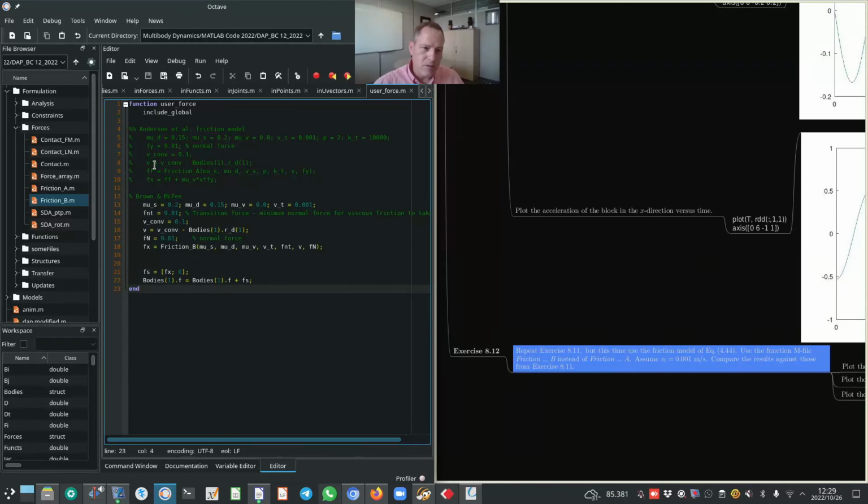As with the Anderson model, the Brown and McPhee model also needs mu S, which is 0.2, mu D, which is 0.15, and mu V, which is 0.0. And then this Vt that we spoke about earlier is 0.001.